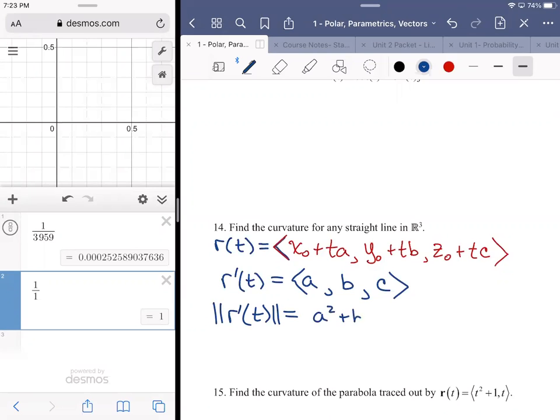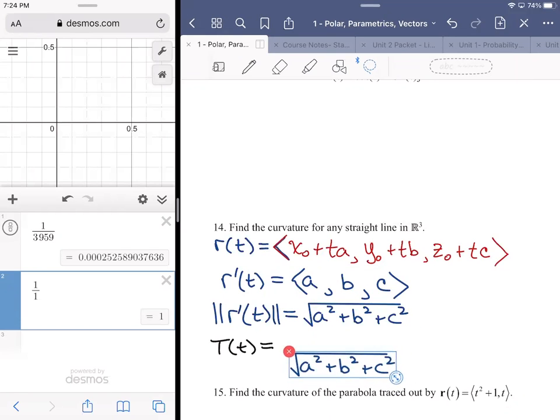a squared plus b squared plus c squared under a radical. I lost my power of 2 for the c for some reason; I don't think I ever wrote it in. All right, so my T of t is the ratio of these two. I'm just going to do a little copy pasting.